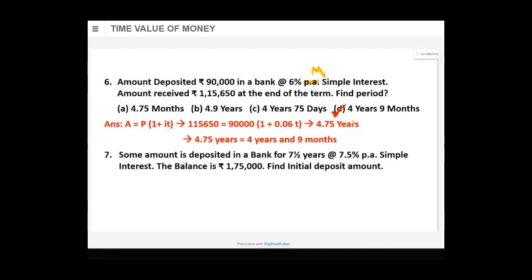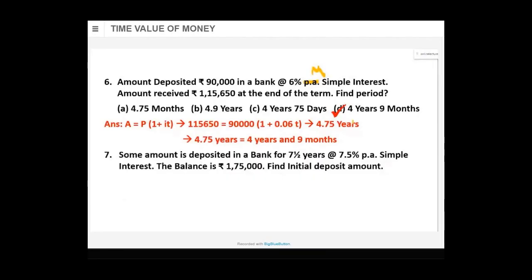Next one. Some amount is deposited in a bank, we don't know the amount, for 7.5 years at the rate 7.5% per annum, simple interest. The balance, another name for accumulated amount, even balance is another name for maturity amount or maturity value, comes to 1,75,000. Find the initial deposit amount. मतलब क्या ढूंढना है?